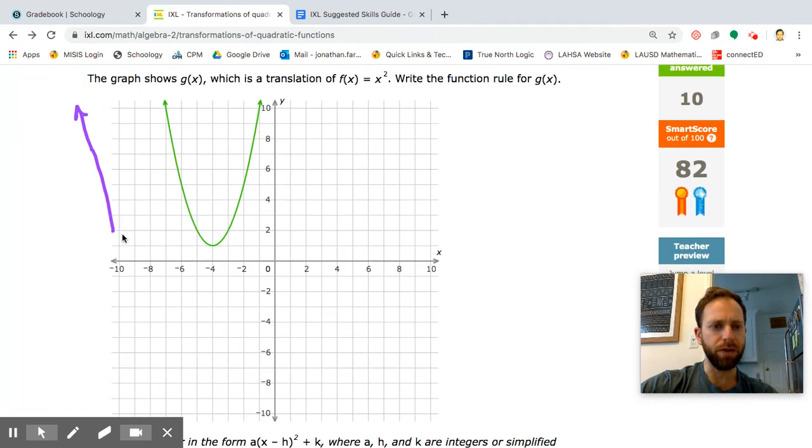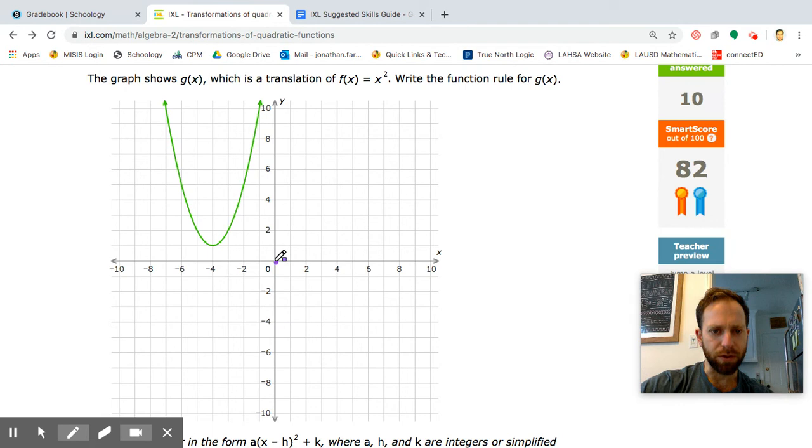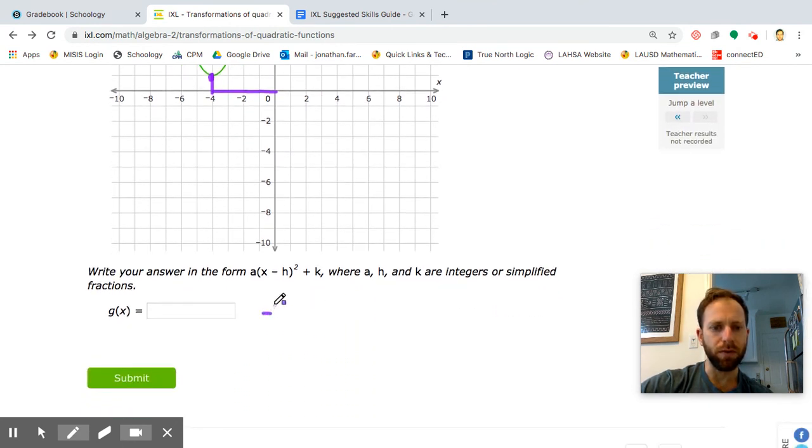All right, so here this one's a little bit trickier because now we're doing 2 transformations because we're going 1, 2, 3, 4 to the left, that's -4, and then we're going up 1 also to put it over here. So we're doing 2 things. We're going -4, and remember, right and left is how the h parameter is affected.